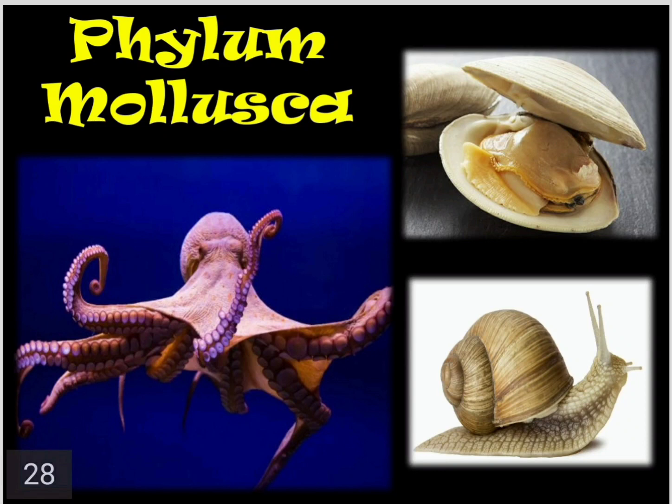There is a shell present in many of the animals in this particular phylum, and this shell may be either external or internal, and in some cases it might even be absent. For example, the octopus does not have any shell. So it is absent in the case of an octopus. And these animals are unisexual, that is, the males are separate, females are separate.